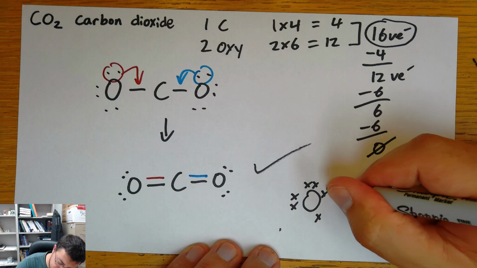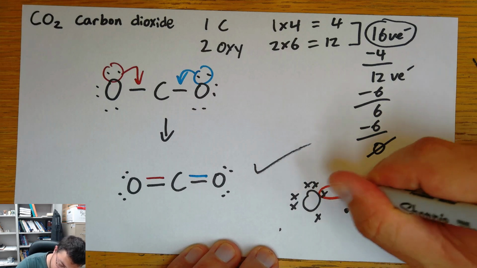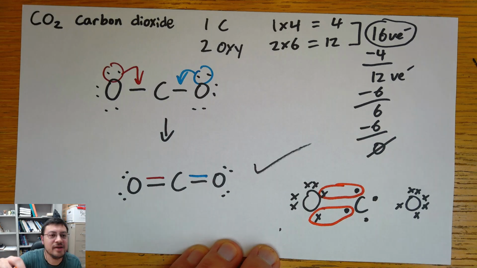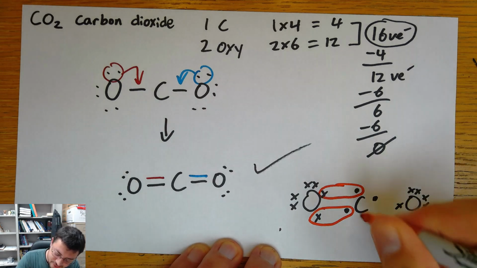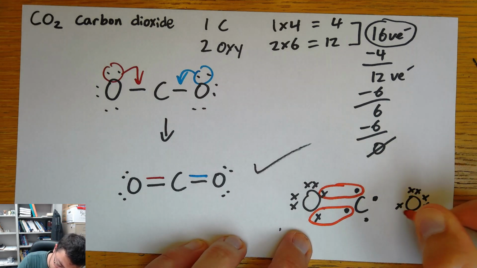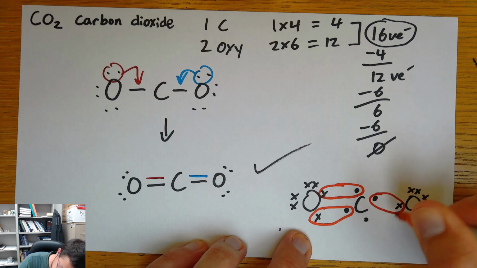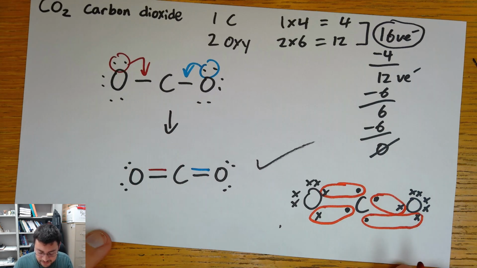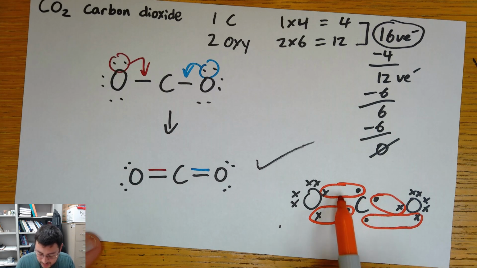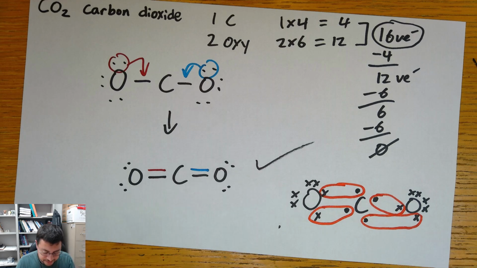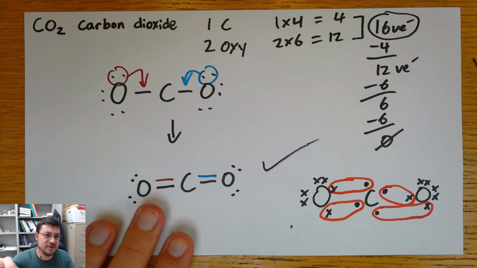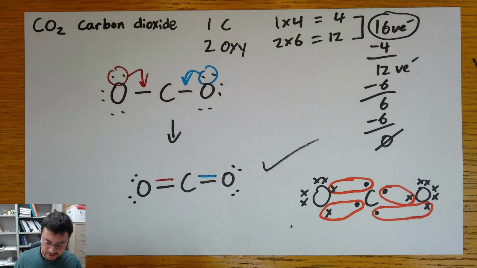You can see those double bonds happening by forming these pairs. Those 2, and those 2. And then, double bond, and then you would get that same result. Okay, great.